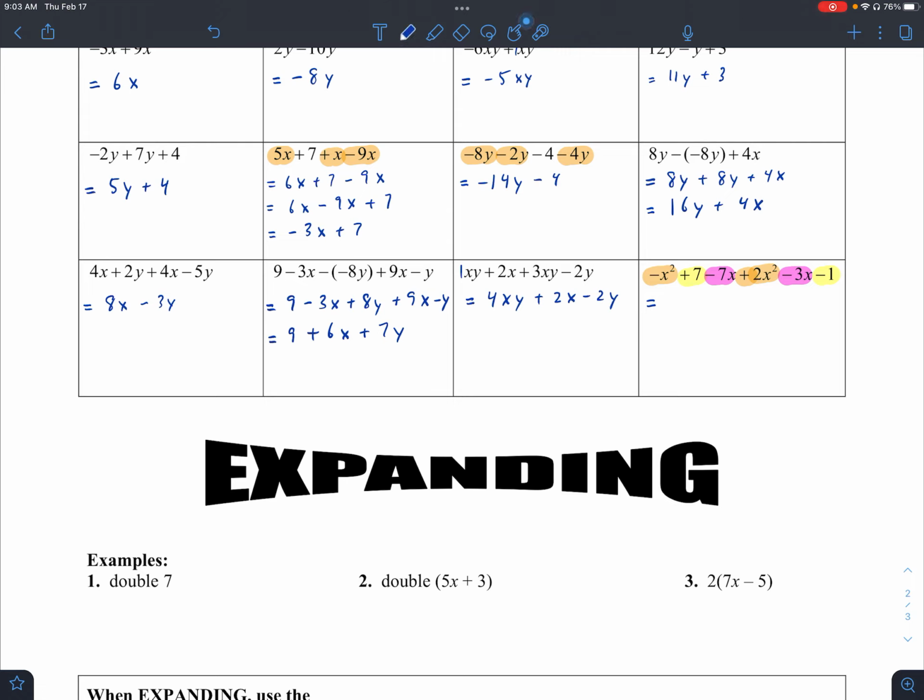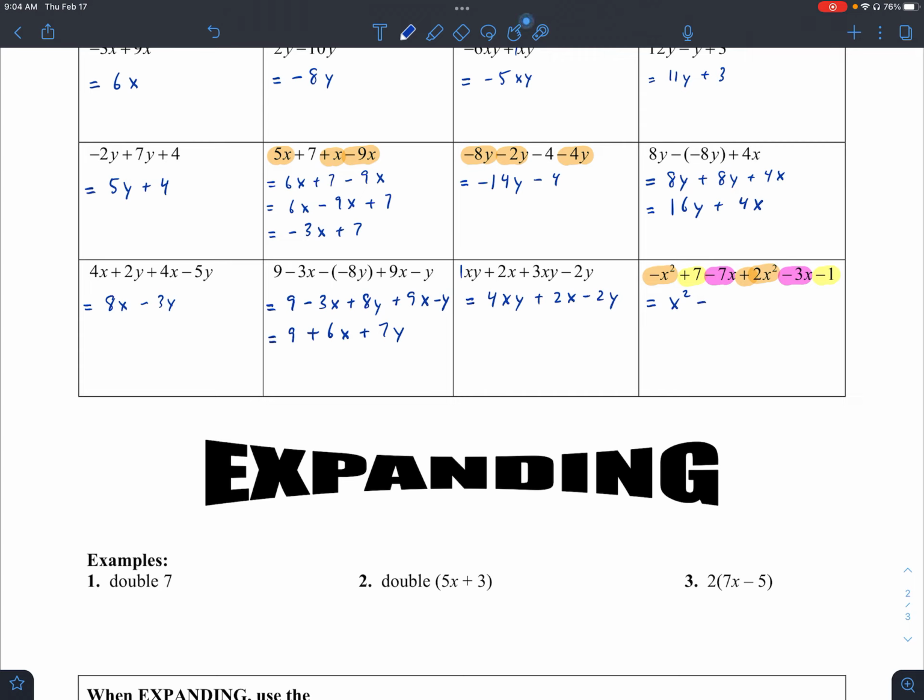Okay, so now we're ready to collect them. So let's start with the negative x squared and 2x squared. So when we add them, we're doing negative 1 plus 2. That's the same as 2 minus 1. So that's just going to be 1x squared, or just x squared. Then let's now also add the x terms, just the negative 7x and minus 3x.